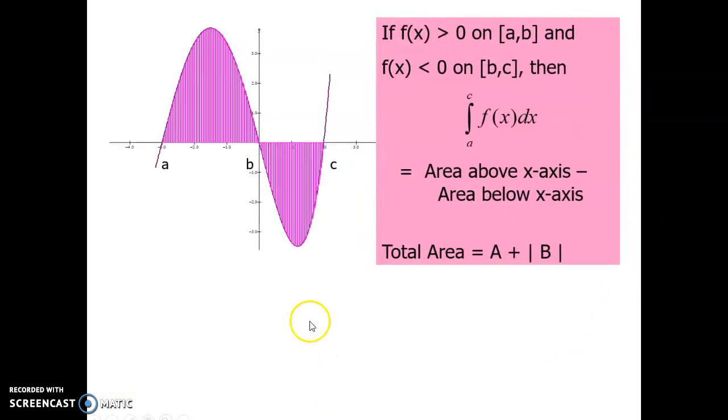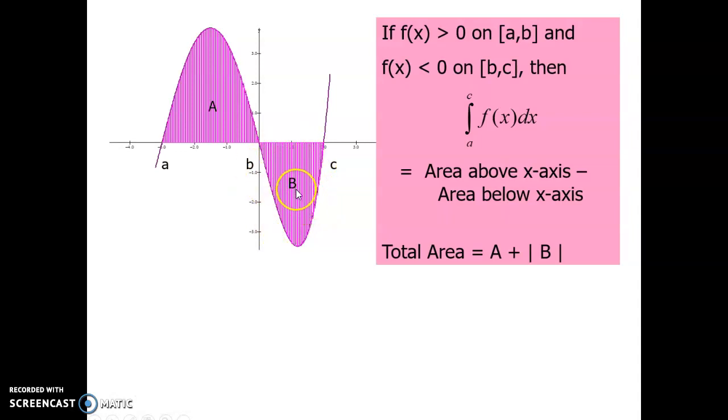Now, what happens when some of the curve is above and some of the curve is below? Well, the integral from a to b in this case of this function f will be a positive quantity, whatever this upper area is. Let's call it area A. And the integral from b to c will be this area, area B, but that will be a negative number.